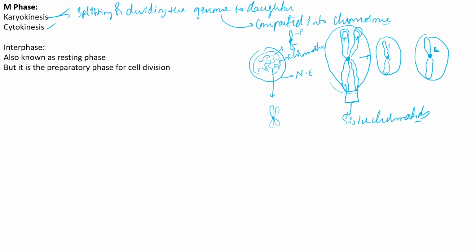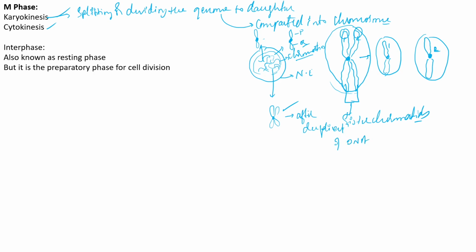It is called the P arm and this is called the Q arm. Remember this. Before the replication, if you compact the chromatin into a chromosome, this is the diagram of the chromosome. This, however, is the structure of the chromosome after the duplication of DNA.